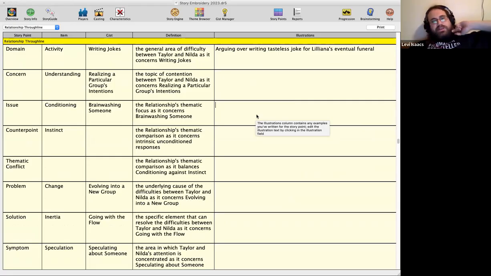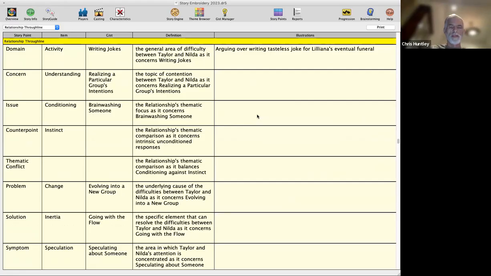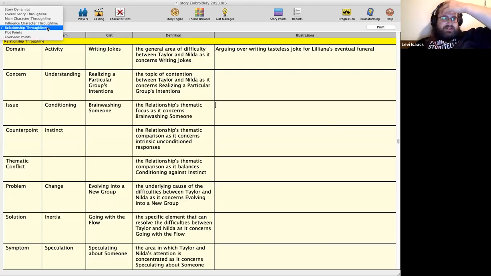Okay, so for this one, I was thinking maybe they both discover that the granddaughter's team have been lying to the grandmother, exploiting her dementia to try to gain favor. That felt a little more like overall story, so that's why I wasn't sure. That sounds not really in the relationship. That's about the OS.